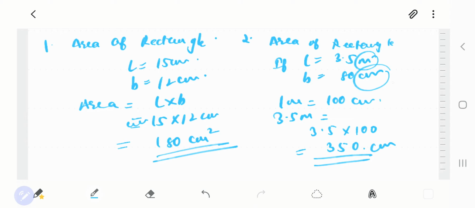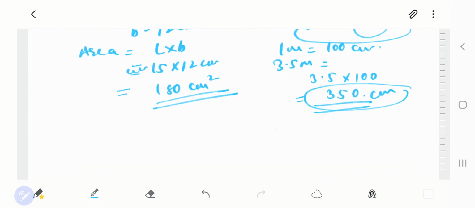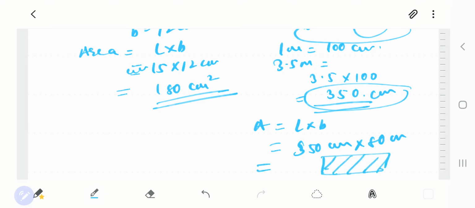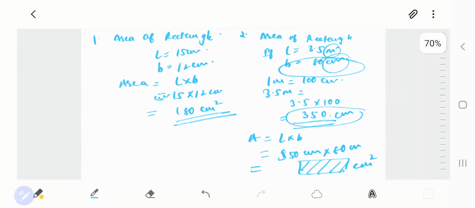Now you have both breadth and length in centimeter. Area is length into breadth, that is 350 centimeter into 80 centimeter, and you can calculate it in centimeter square. Perfect. You can note it down.